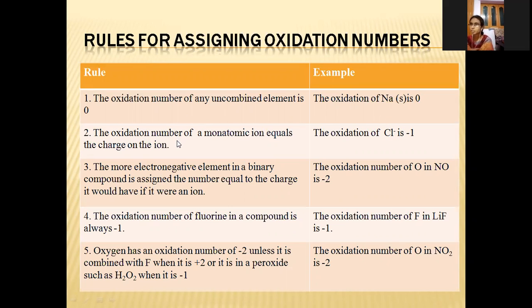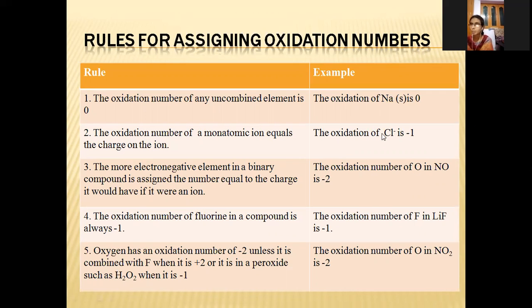Next, the oxidation number of a monoatomic ion equals the charge on the ion. So whatever charge is present on that atom, that charge is equal to the oxidation number.